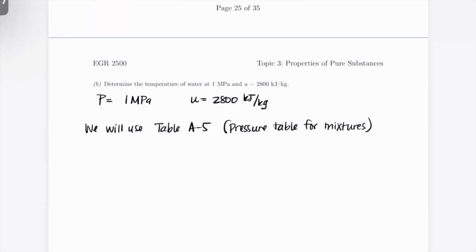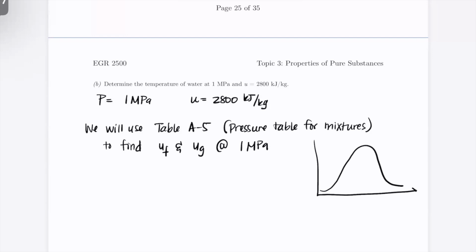So we're going to use a pressure table for mixtures to find UF and UG at 1 MPa. Does anybody want to go ahead and do that for me? And I'm going to draw the PU diagram here. So essentially what I want to find is UF and UG. And then we're going to do this for P equals 1 MPa.